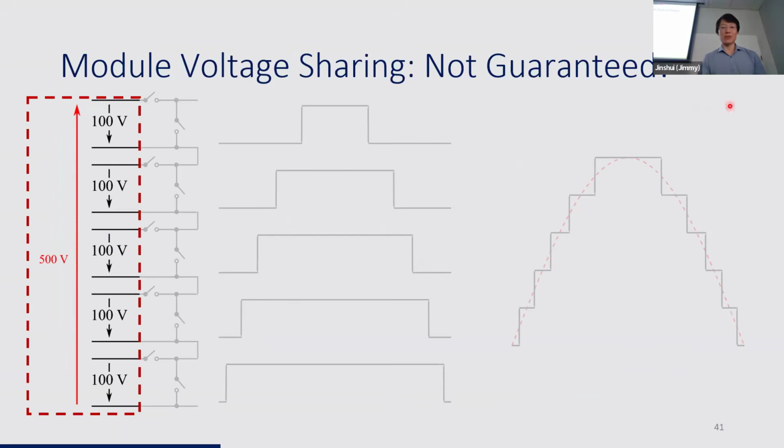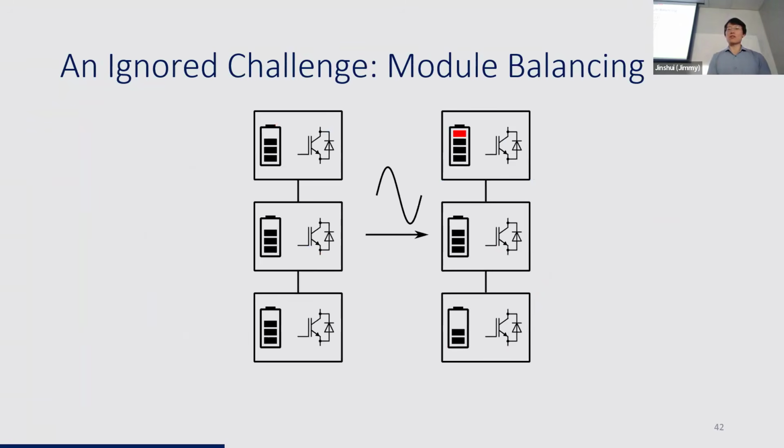We have always assumed that for the total 500-volt input, each module will carry the same share of the voltage. In this case, every module would have a voltage of 100 volts. But that's almost never the real case. When we insert a module into the output loop, we're actually charging or discharging them with a load current.